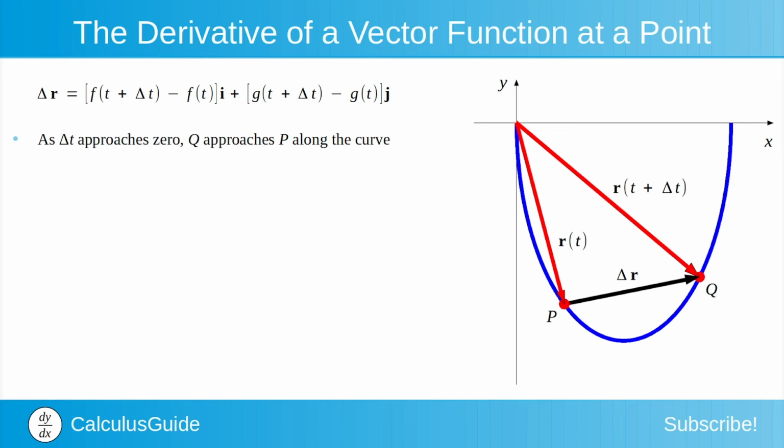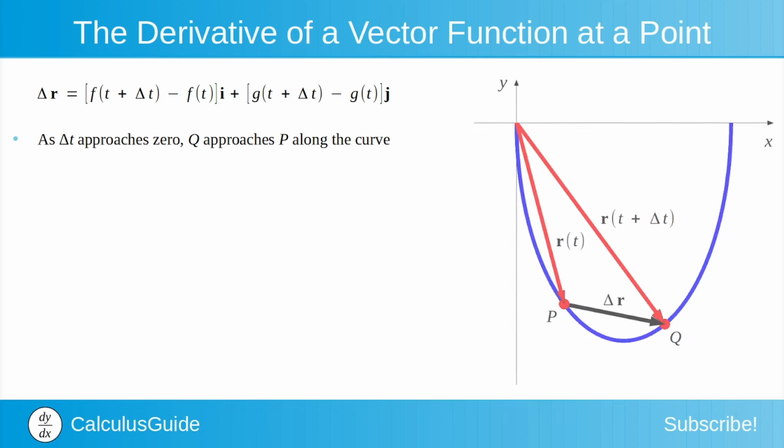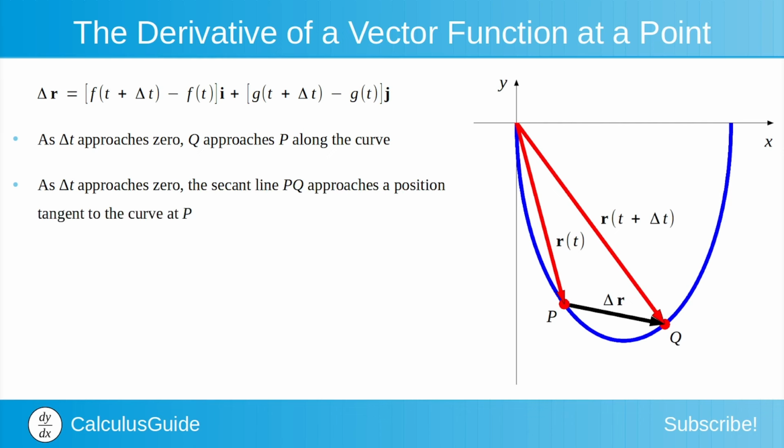As delta t approaches 0, the point Q approaches the point P along the curve. And as delta t approaches 0, the secant line PQ approaches a position tangent to the curve at P.